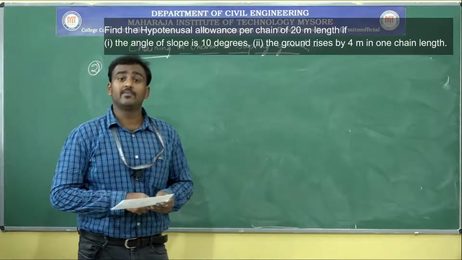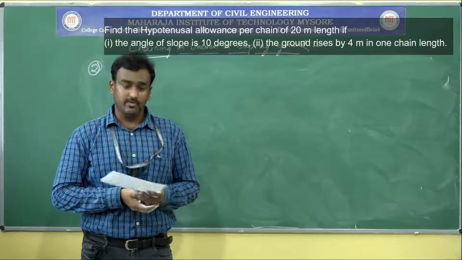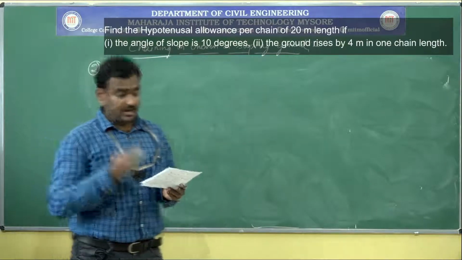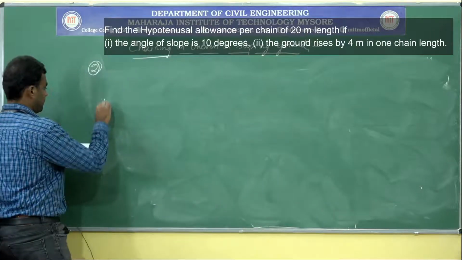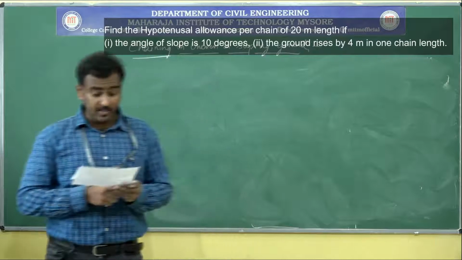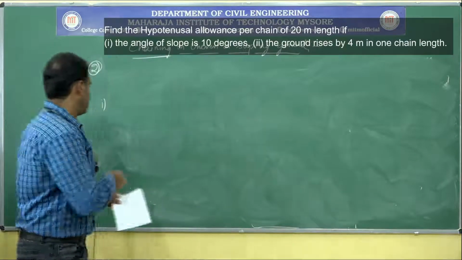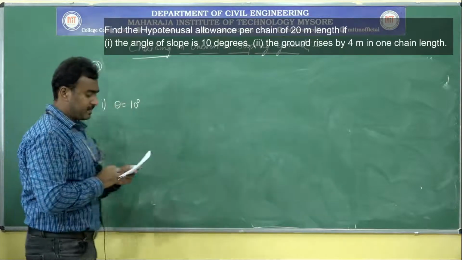So we need to find out the hypotenuse allowance, A dash, that is the slope correction. The chain length is 20 meters as given. First condition: find the hypotenuse allowance per chain of 20-meter length if the angle of slope is 10 degree.